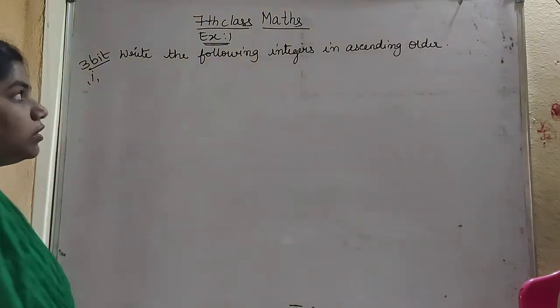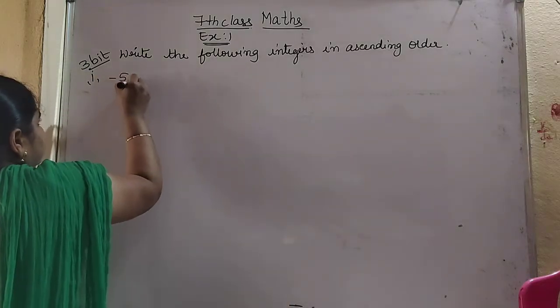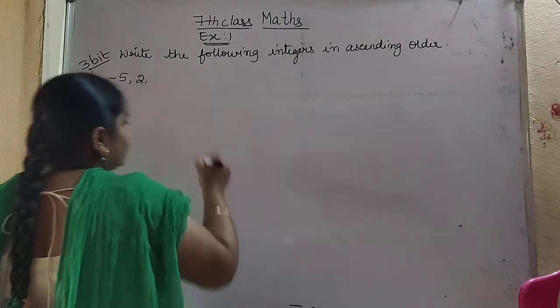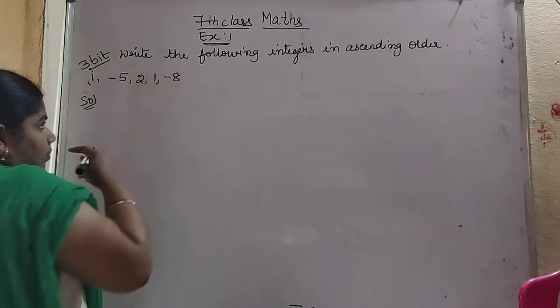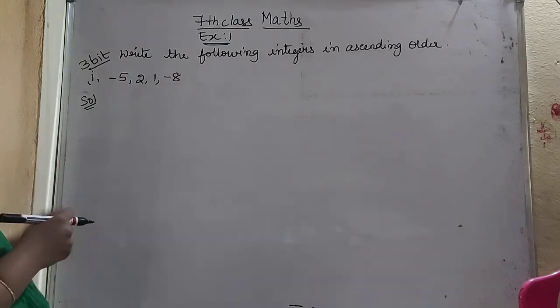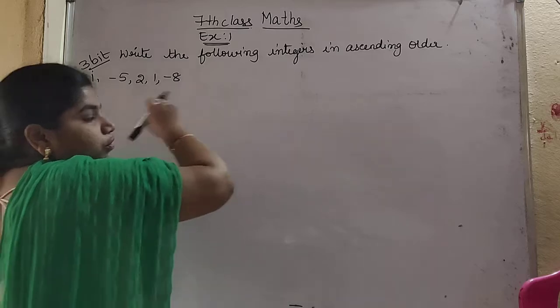So we have to write in small to bigger order. So first one: -5, 2, 1, -8. We have to arrange them in ascending order. Before arranging in ascending order, first we will draw a number line and we will mark these numbers on the number line.